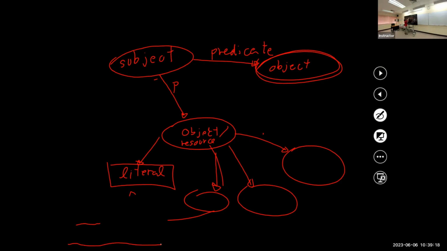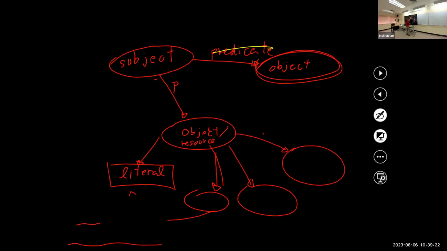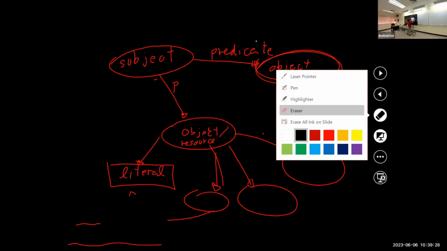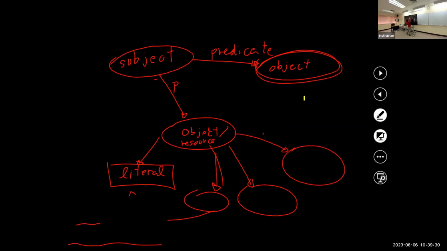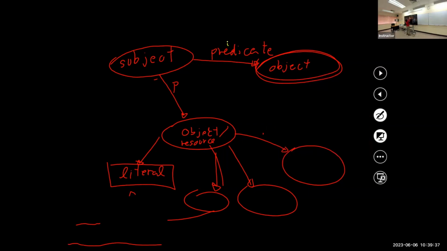The same for predicate. Predicate should be a URI as well, because we want to give specific meaning.